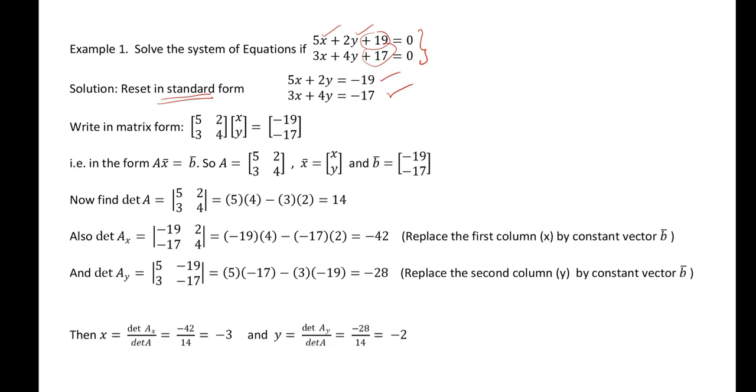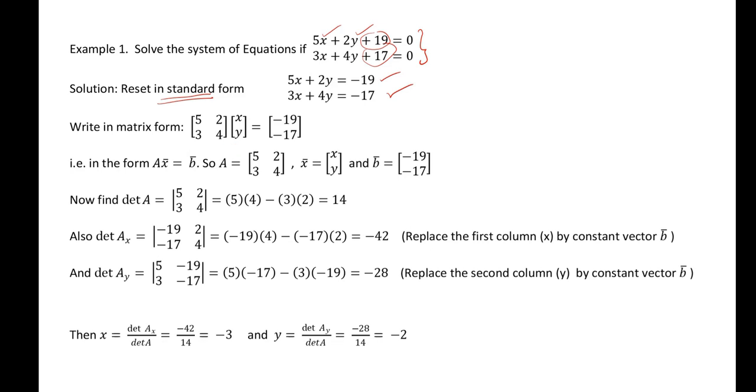Now, yes, we can use the method we used at school, but of course, we are not going to do that because that's a method that is quite easy for two variables. The moment we go into 3 and more variables, it gets really complicated. So what's the first thing? When you have those two equations, write in matrix form.